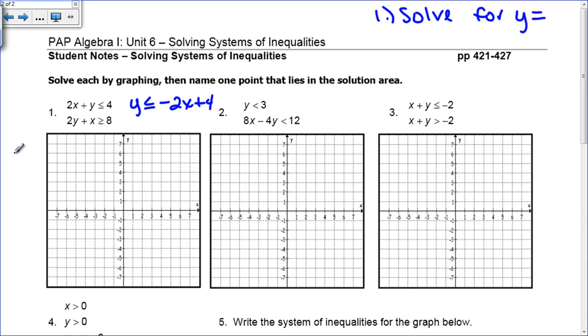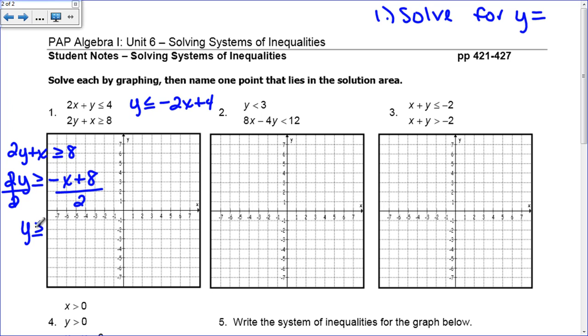Now the bottom one's going to take a little more work. I have 2y plus x is greater than or equal to 8. You might need to write this smaller than I am because you're going to need the graph in a minute. So I want to subtract x from both sides. So I'm going to have 2y is greater than or equal to negative x plus 8. And then I have to divide everything by 2 so that y is by itself. So I have y is greater than or equal to.